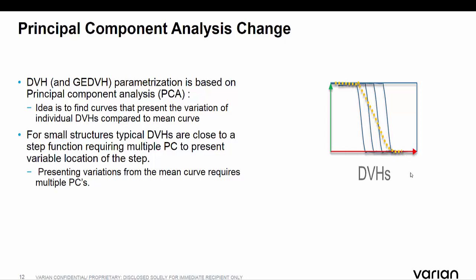For small structures, typical DVHs are close to a step function, requiring multiple principal components to represent the variable location of the step. Therefore, representing variations from the mean curve requires multiple PCs.